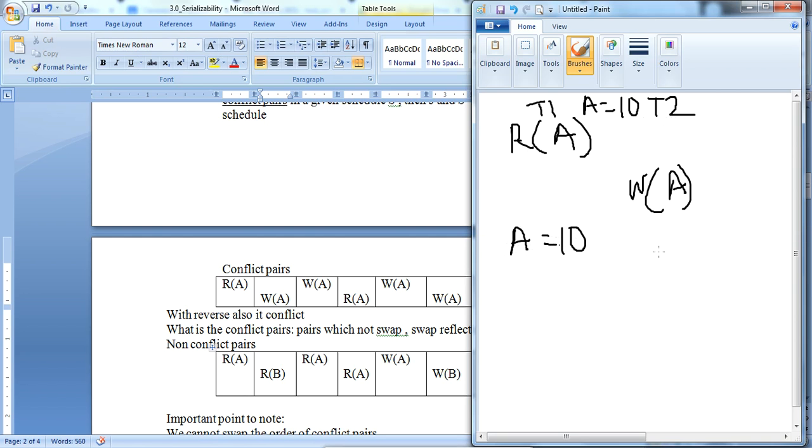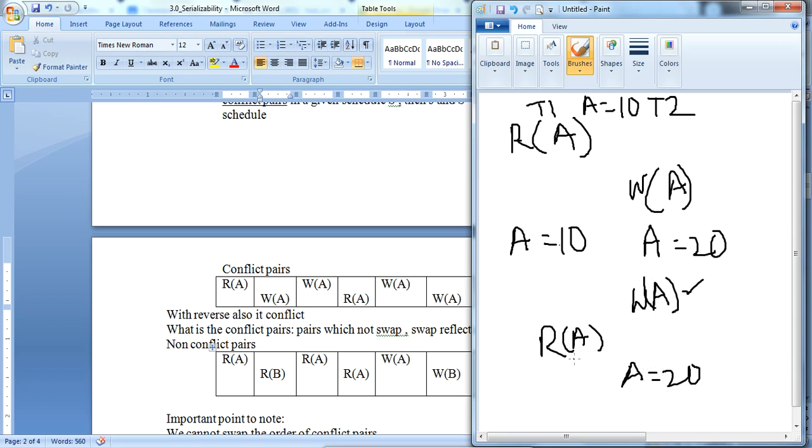If T2 writes, it may change the value of A to 20. If we swap, so that write A happens first and changes A to 20, then T1's read A gives 20, whereas the actual read was 10.